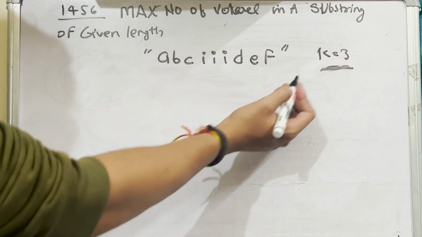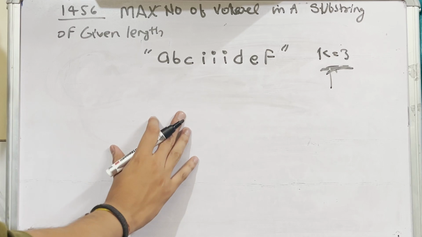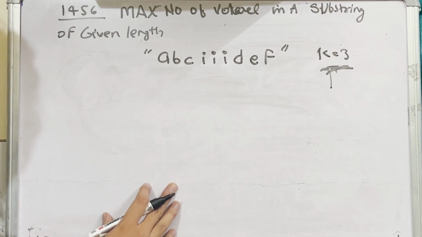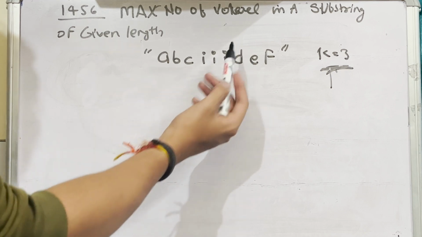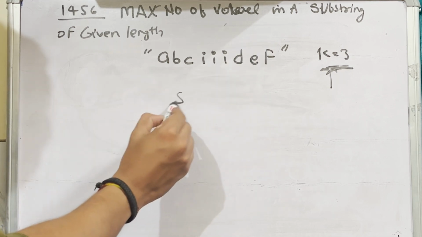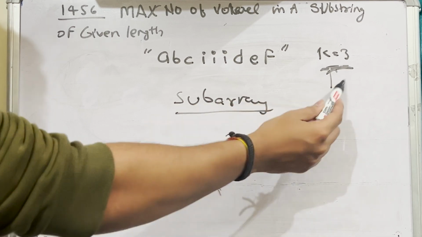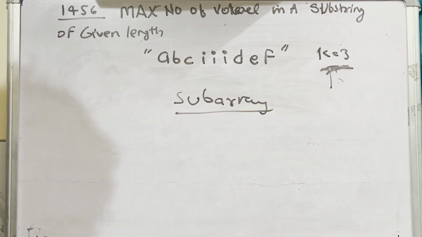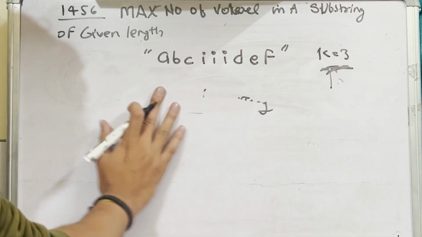As in this question, you have to create a window of size 3. So let me explain if you couldn't understand it. Whenever there is a term substring or subarray, and there is this integer k or size given, then it is mostly a sliding window question.